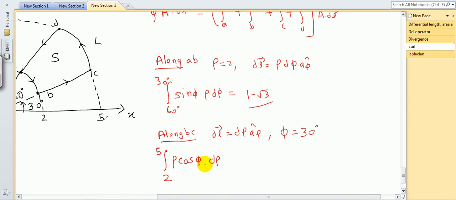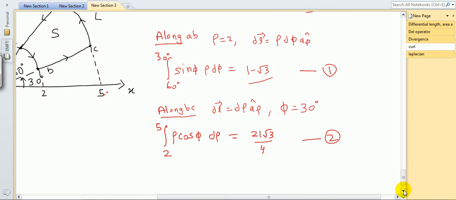So cos 30 degree will be root 3 by 2, and I can simply integrate rho d rho. It will be rho square by 2, and after putting the limits it will come as 21 root 3 divided by 4. Suppose this is my first equation, this is my second equation.